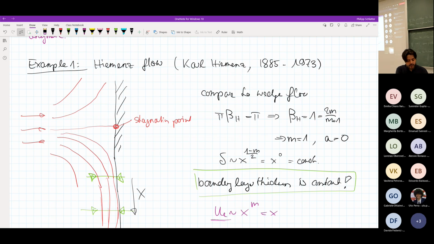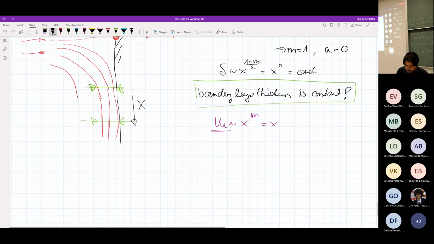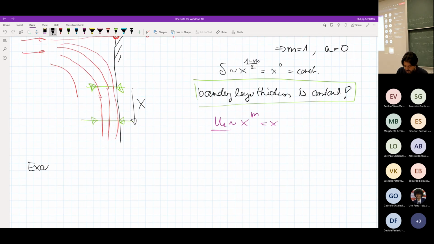Okay, so this was one example. The second example that I would like to show you is also one of those famous or important examples, because something slightly counterintuitive happens. It's the example of a so-called sink flow.